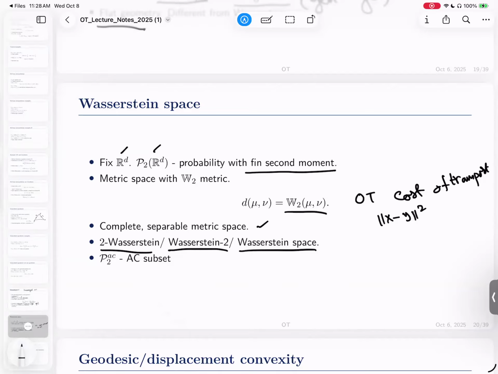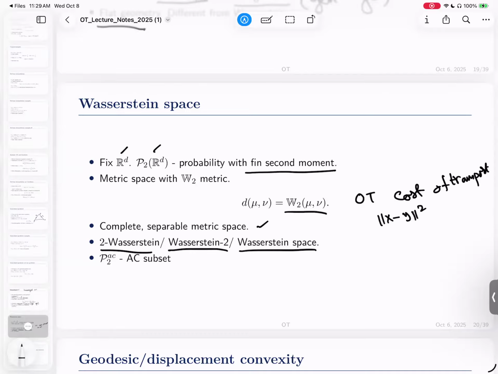They all involve the word Wasserstein. There's a funny story that there's a mathematician whose name is Wasserstein, who is still around, I think at Penn State or somewhere, who by the way has nothing to do with optimal transport or Wasserstein space, but due to some weird nomenclature of mathematics, his name gets forever associated with this very important concept. He has done other important things, but nothing to do with the Wasserstein space.